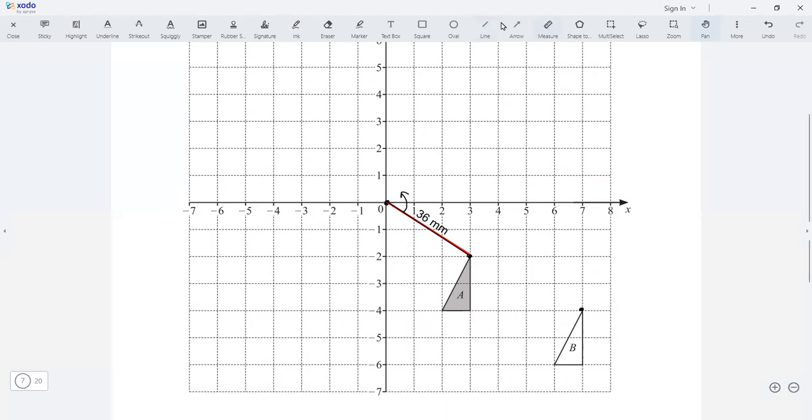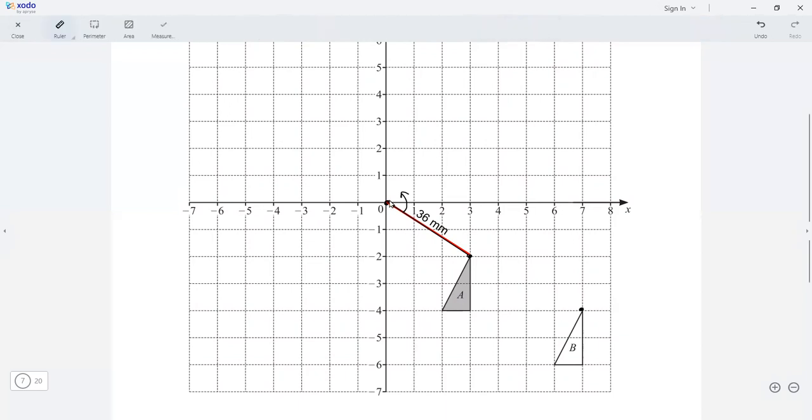So if we simply plot this line from here and shift it through 90 degrees, it must look like this.